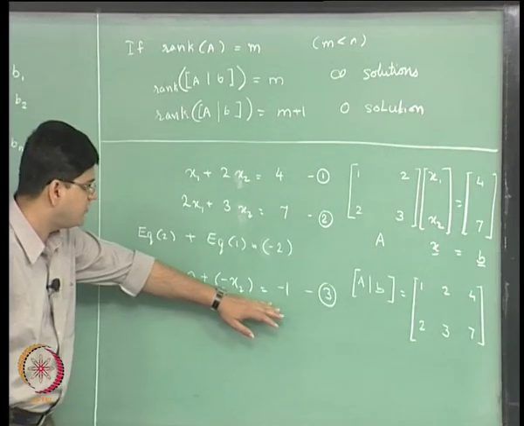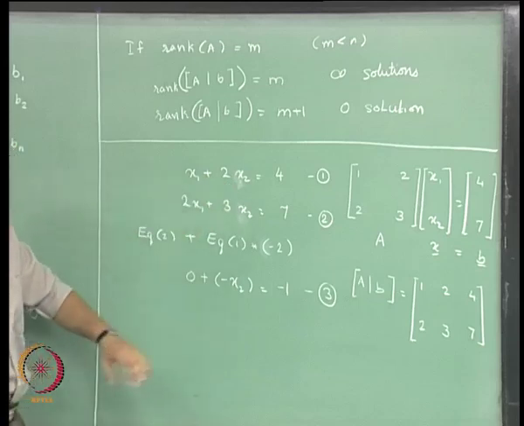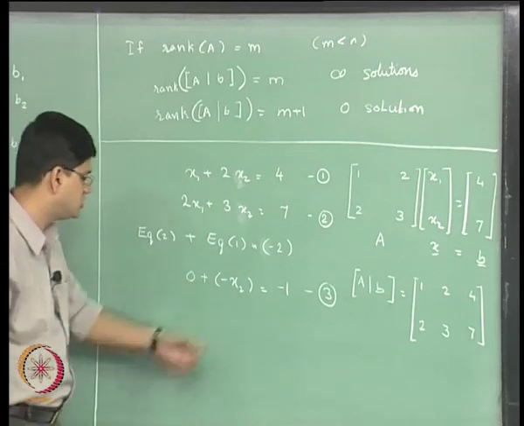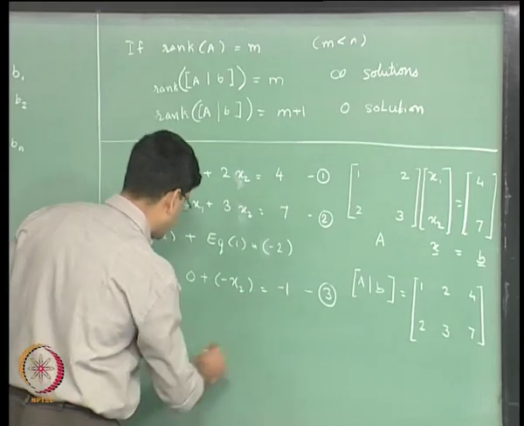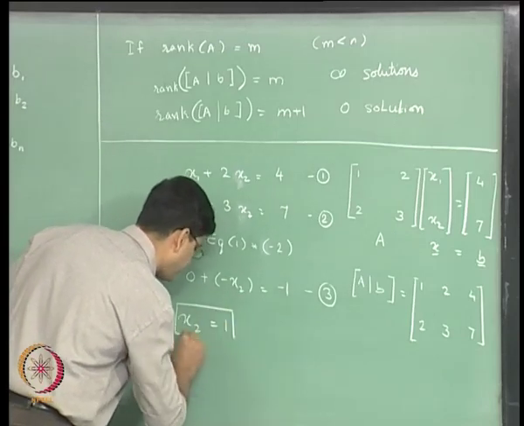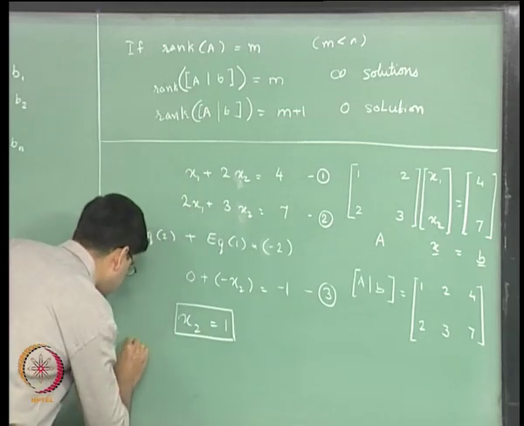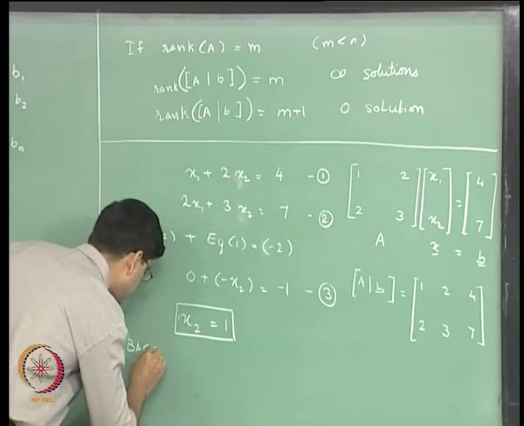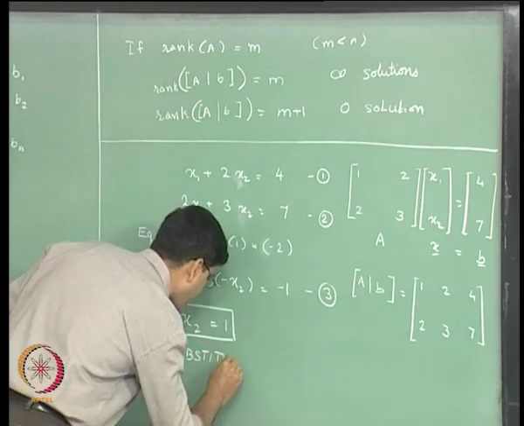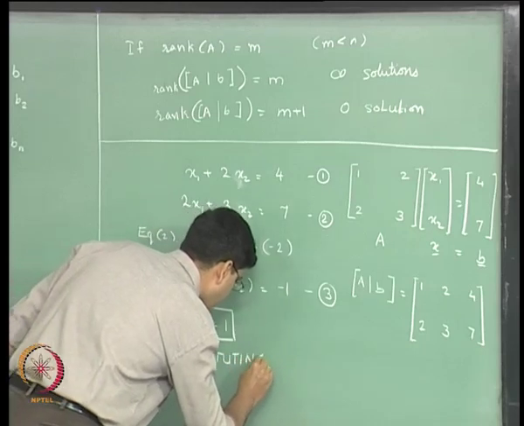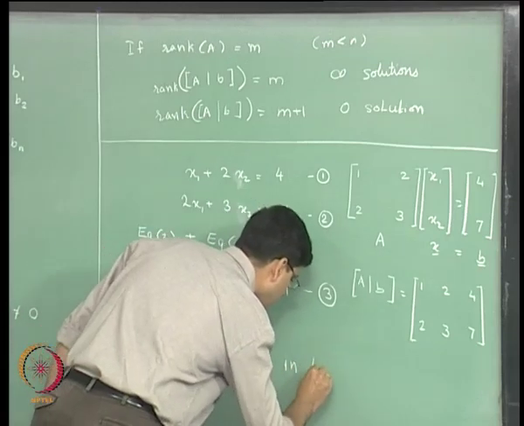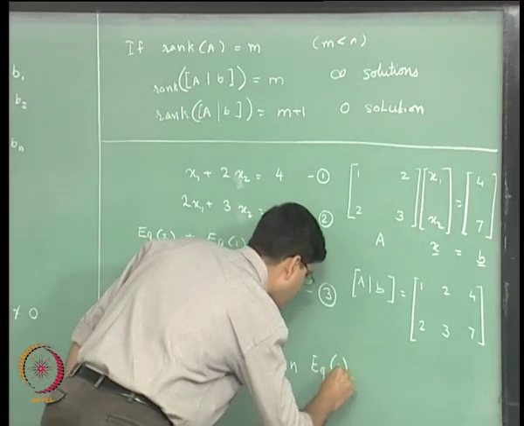Now, using equation 3 and equation 1 together, we can then solve these equations in order to get the solution. So, of course, the one solution over here is x2 equal to 1, and then back substituting in 1, okay.